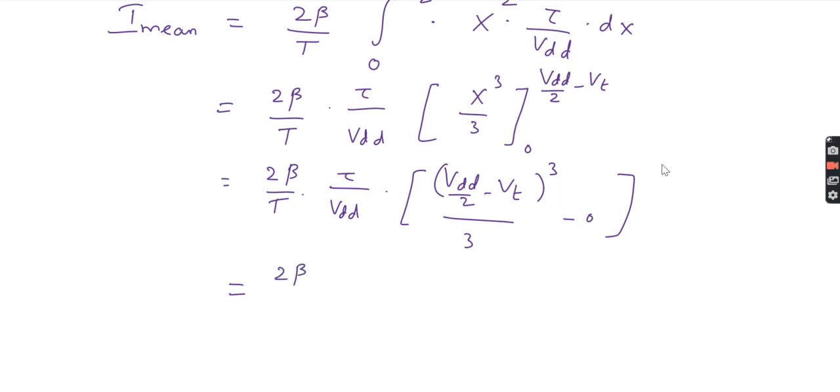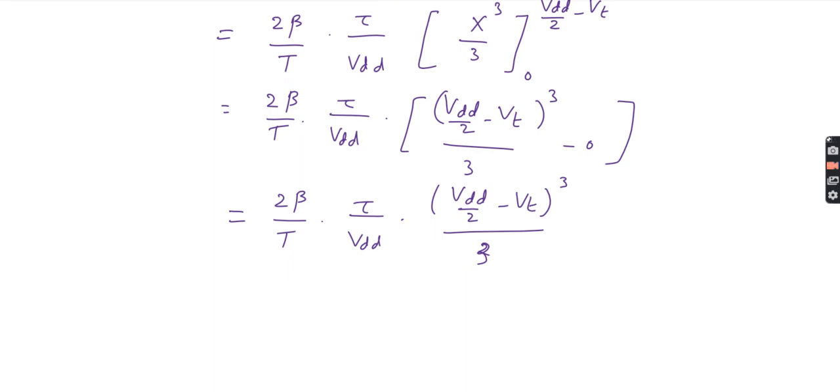So now this will become 2 beta divided by t into tau by VDD into VDD by 2 minus Vt the whole cube divided by, x cube by 3, right? Sorry, 1 by 3 I will take outside. This will be the whole cube. Take the cube outside. Now let us do the simplification.